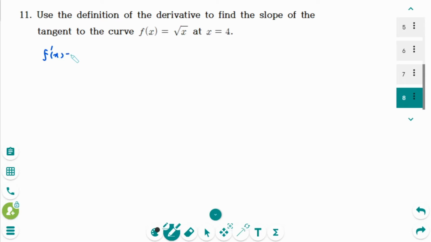f prime x equals limit as h approaches 0, f of x plus h minus f of x over h.